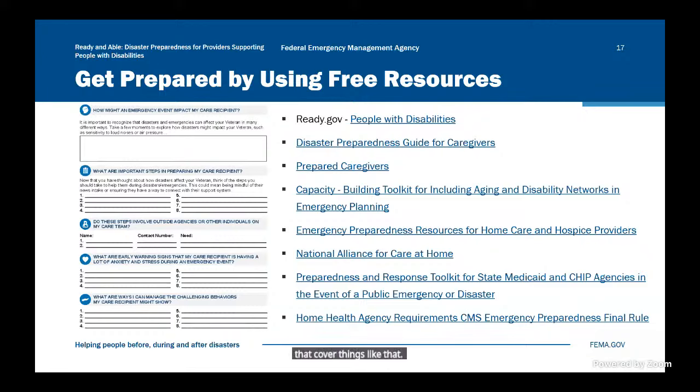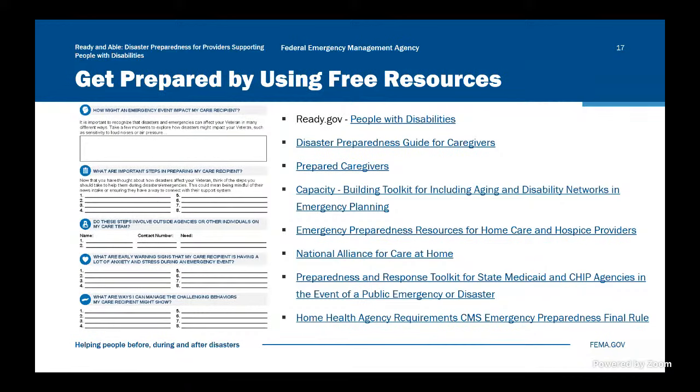So it says get prepared by using free resources. So I start with ready.gov, which is run by FEMA, and we have a specific website dedicated to people with disabilities. And this one covers a lot of individual preparedness.